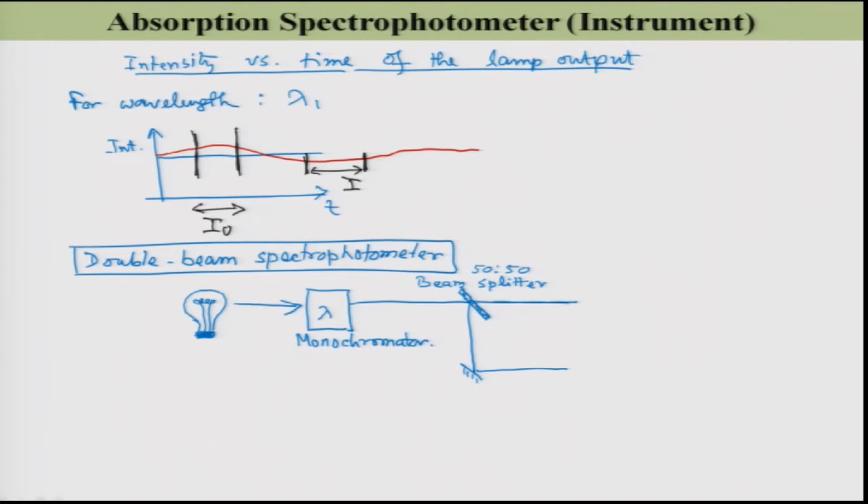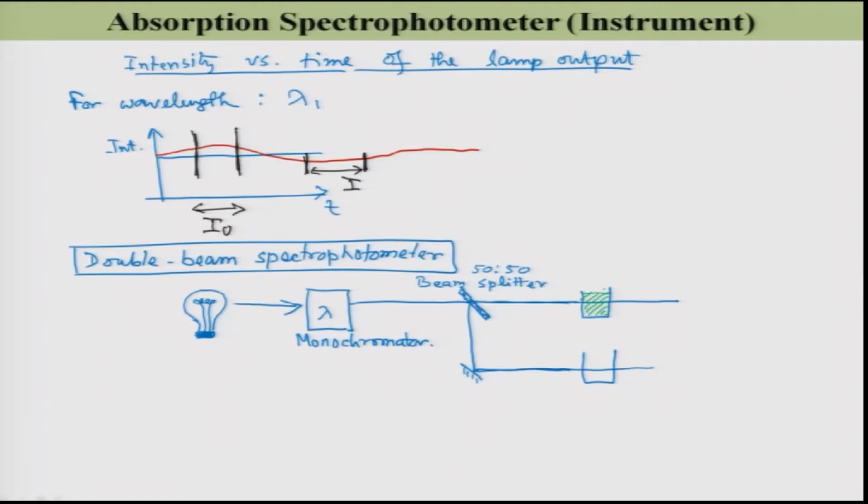Now, you could have your sample cell over here and here nothing. The color of my sample was just for consistency. Here is your sample, and here is nothing.